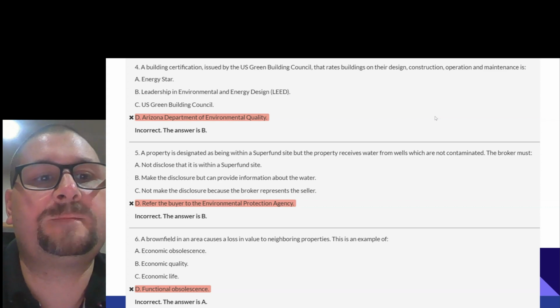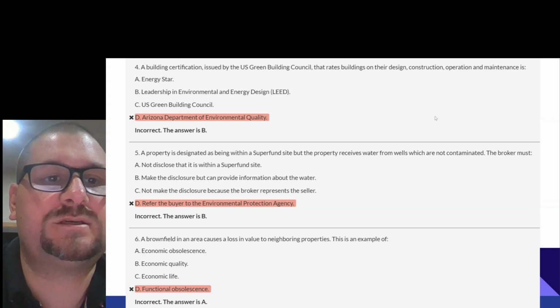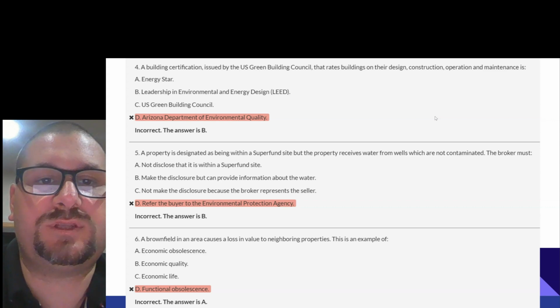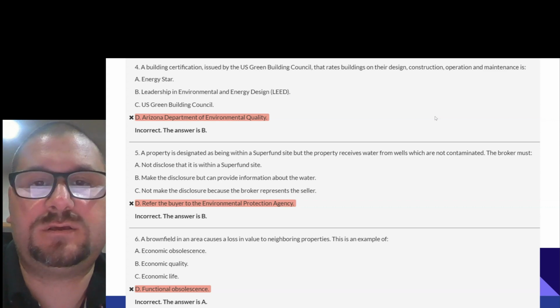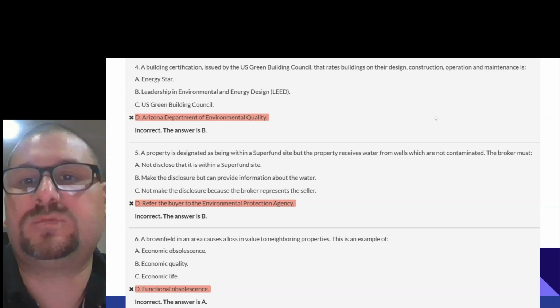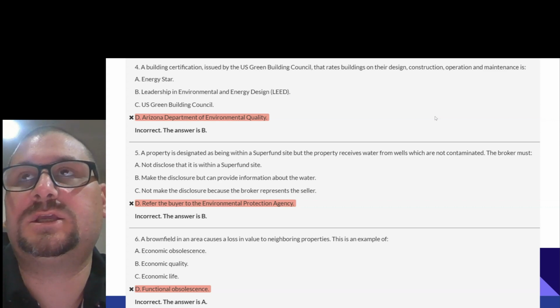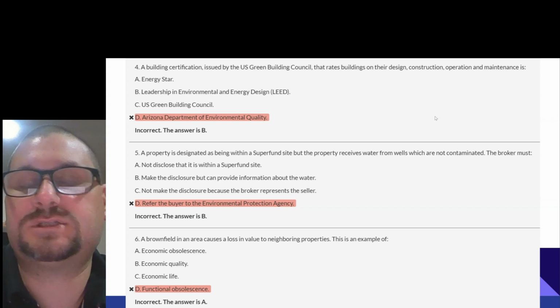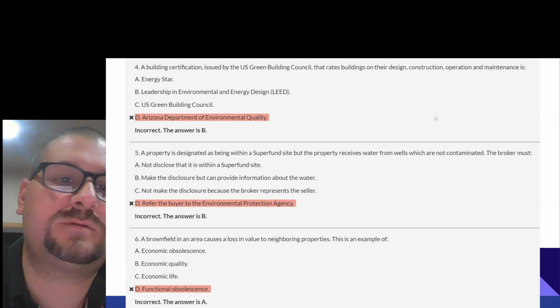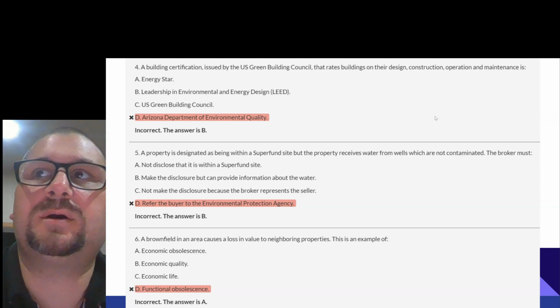A property is designated as being within a Superfund site, but the property receives water from wells which are not contaminated. The broker must, Bravo, make the disclosure, but can provide information about the water.